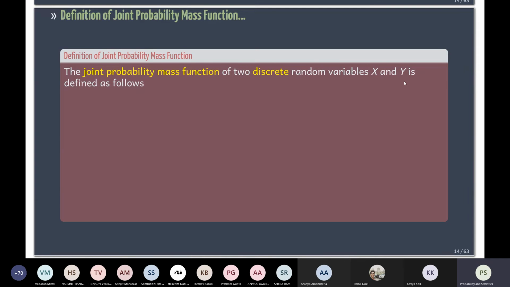The joint probability mass function of two random variables X and Y is defined as follows. This is the notation, and by this we mean the probability that the event X equals x and the event Y equals y both happen. The joint range will be defined as all those x and y for which the probability values are positive.